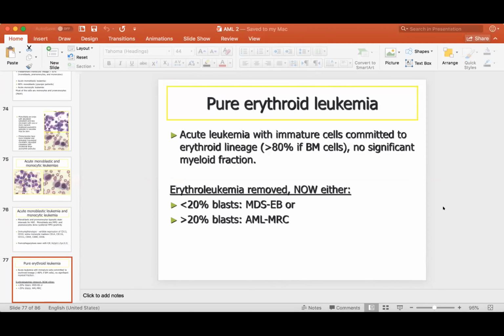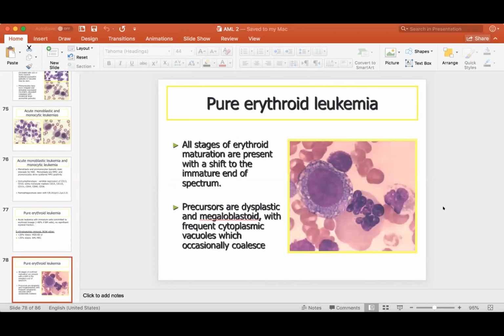Again, if you see more than 80% of the bone marrow cells being erythroid, it's a pure erythroid leukemia. The cells in this case usually have vacuoles in the cytoplasm, and these vacuoles might join up and coalesce together and form one big vacuole.